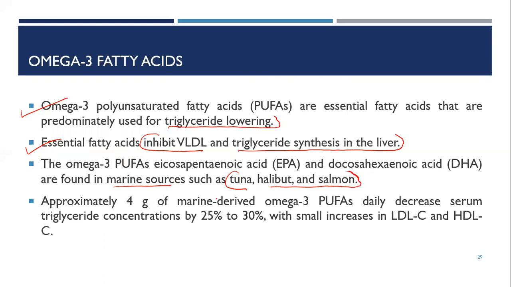Although it is spelled S-A-L-M-O-N, it should be pronounced salmon, with the L silent. Approximately 4 grams of marine-derived omega-3 polyunsaturated fatty acid daily decreases serum triglyceride concentration by 25 to 30%, with a small increase in LDLC and HDLC.